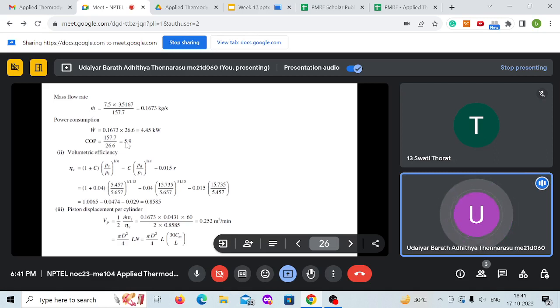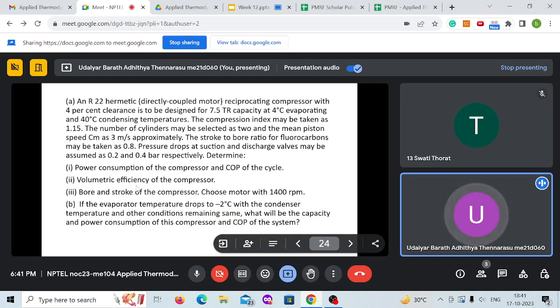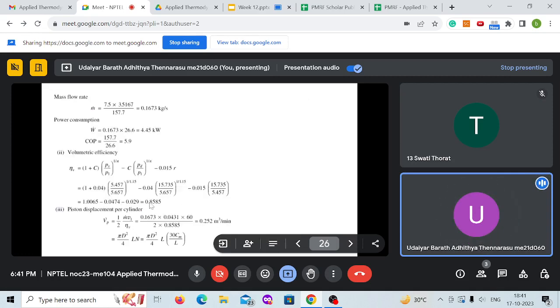Now next is to find out the volumetric efficiency and the bore and stroke of the compressor. Volumetric efficiency is defined as 1 plus C, into PS by P1, raised to power 1 by N, minus C PD by P1 raised to power 1 by N. This relation is given, but we can directly use 1 plus C into RP raised to power 1 by gamma minus C RP raised to power 1 by gamma.